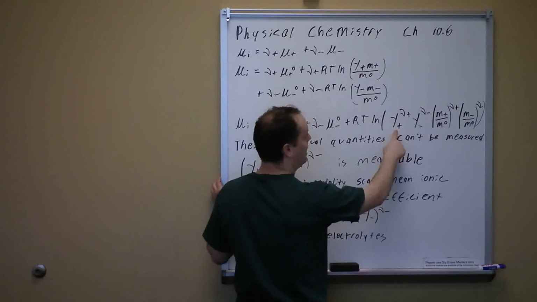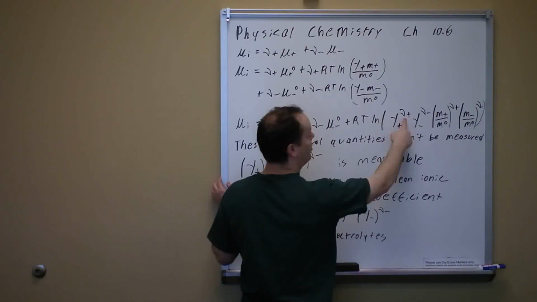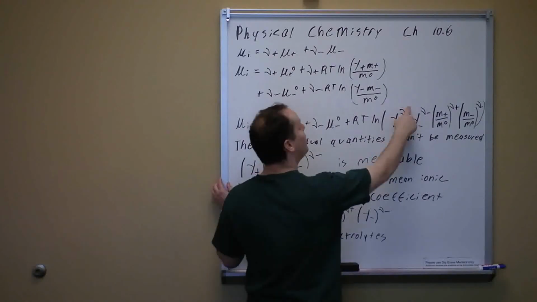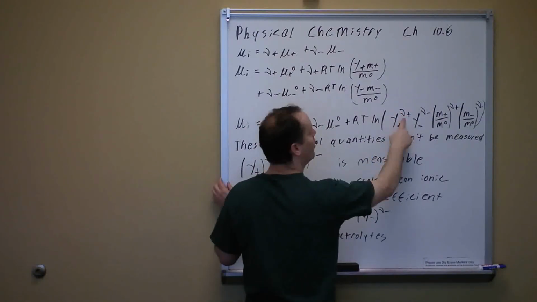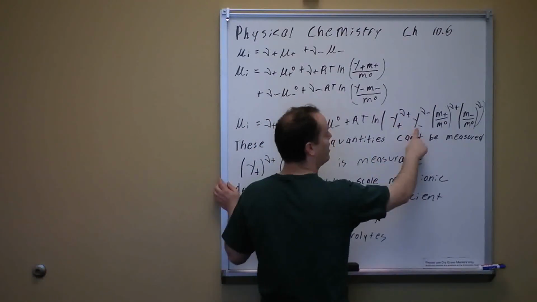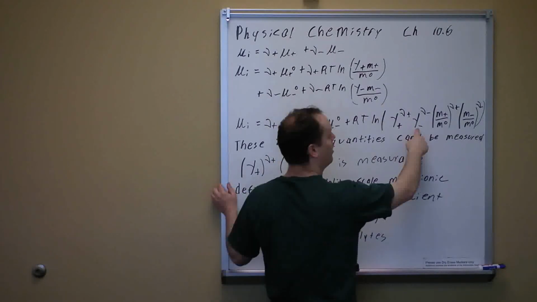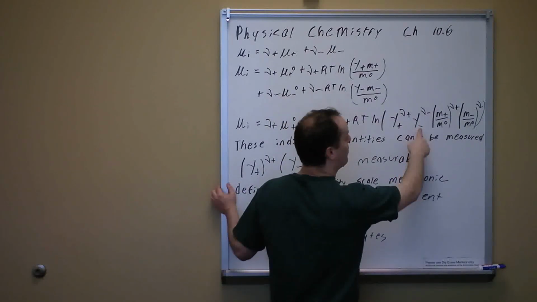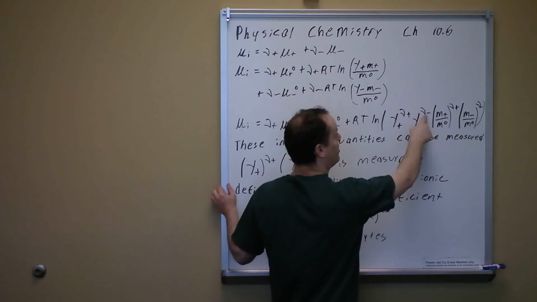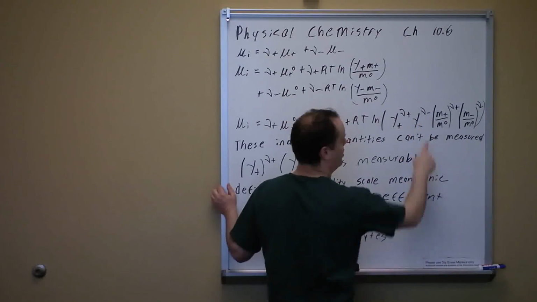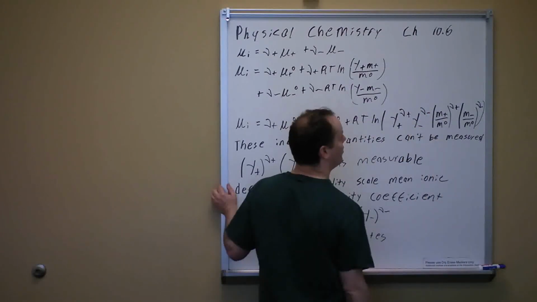This is gamma of the cations to the exponent of the stoichiometric coefficient of the cations. And then this is gamma, our activity coefficient of the anions, taken to the power of the stoichiometric coefficient of the anions.